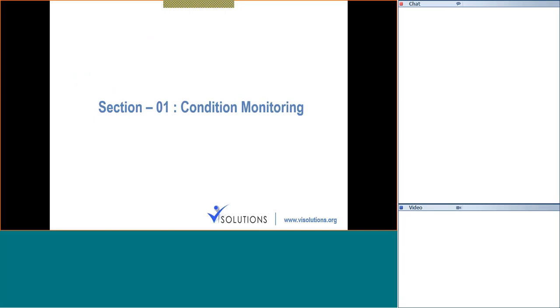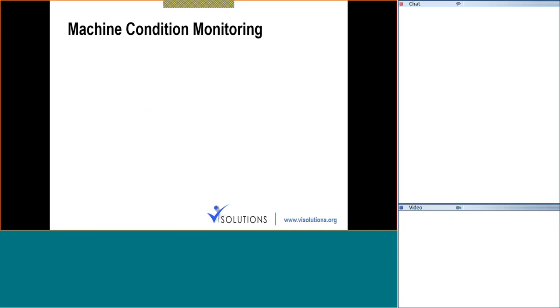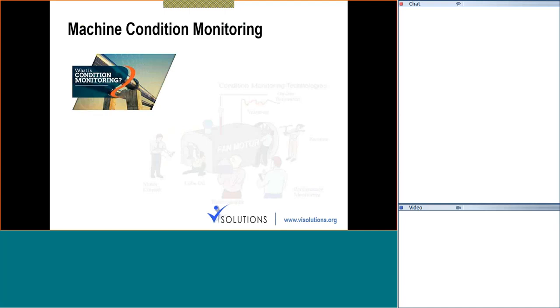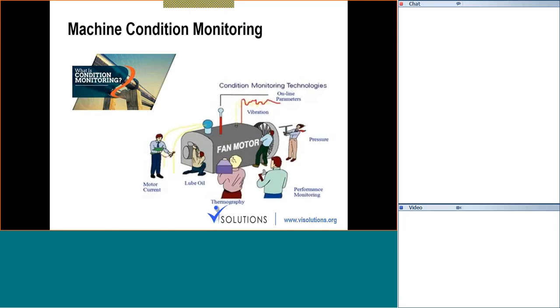Yesterday we wanted to talk about condition monitoring. We saw what tools can be used for it, but let's still look at it. Machine condition monitoring is a system which monitors the operating condition of a system during runtime.